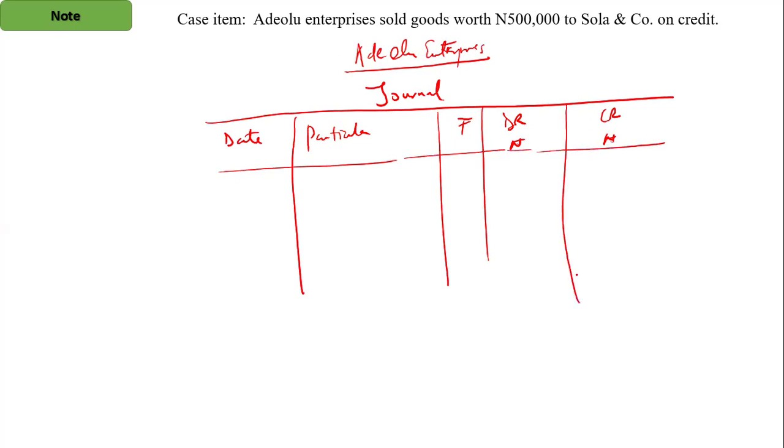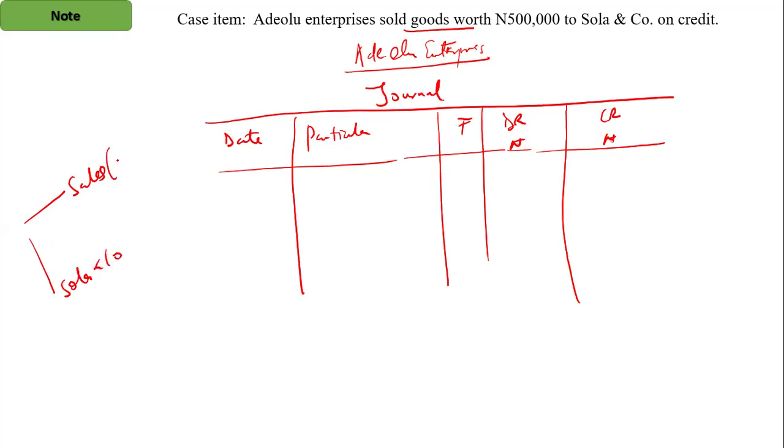Now, what is the date? No date for this information, but we can assume the date we have. So, what are the two things we have? Sold goods. Sales. I was told sold to Ishola and Co, which we have done earlier.